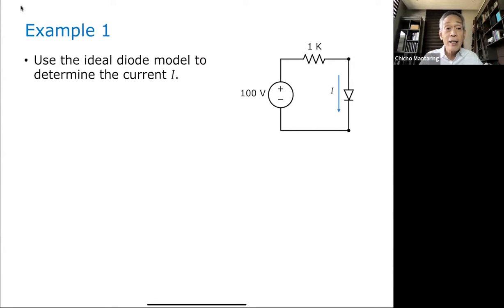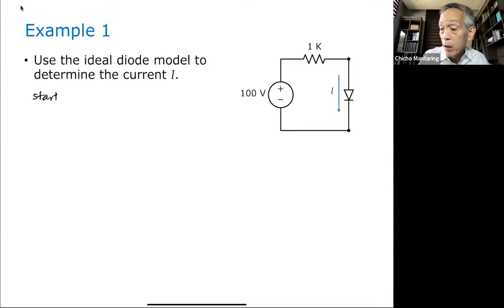So let's take an example. Use the ideal diode model to determine the current I. So I have a 100-volt source connected to a 1 kilo ohm resistance. Then I have a diode and I want to determine the current I. I can start with the assumption that the diode is conducting.